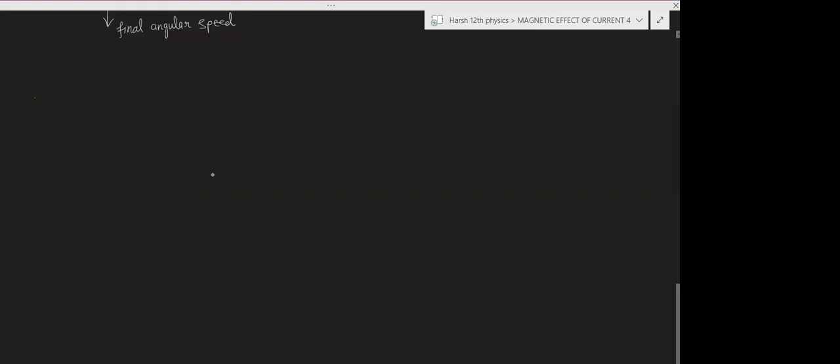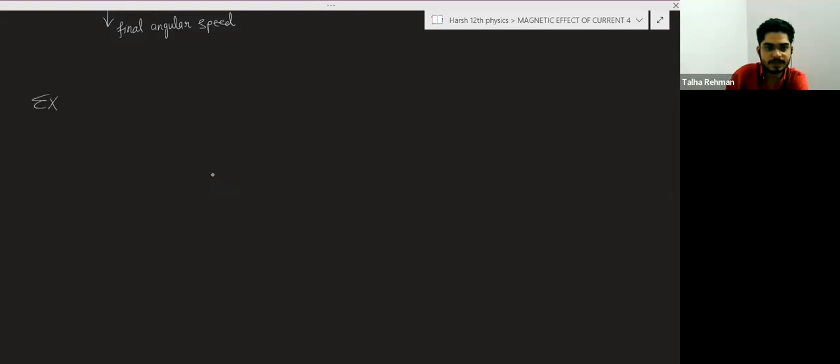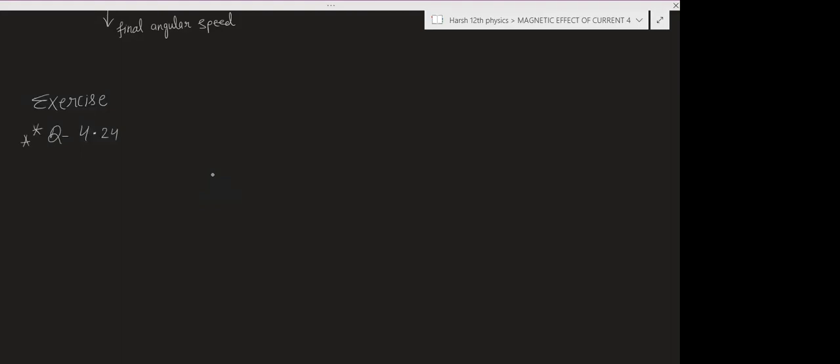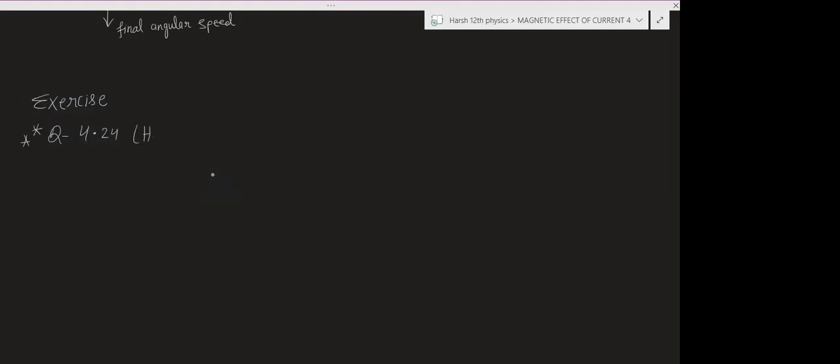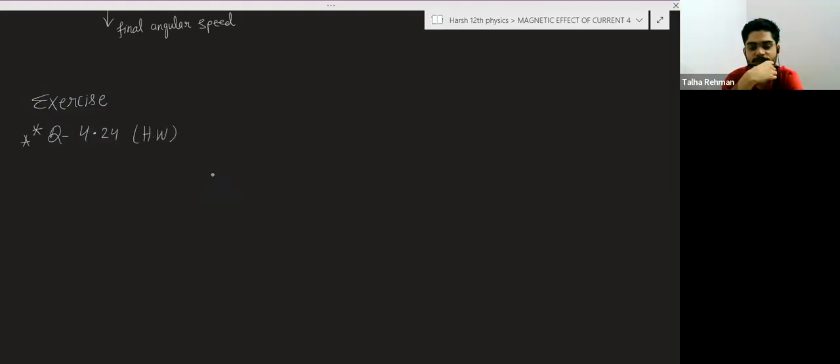Now just try from the exercise of NCERT. In the exercise you will do question number 4.24. This question is a very important question. Just try it by yourself and write down this, and this is your homework.